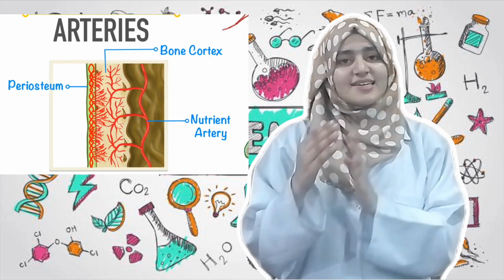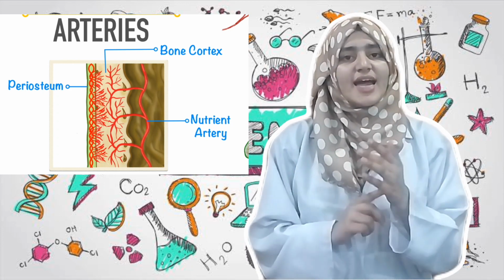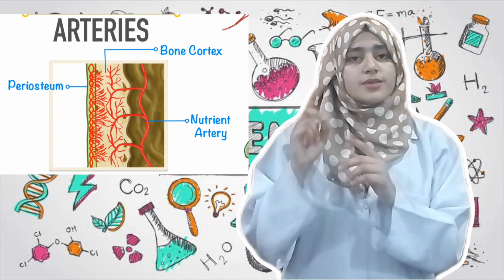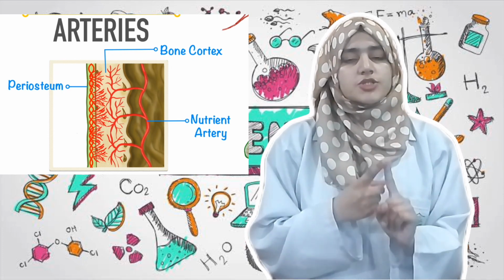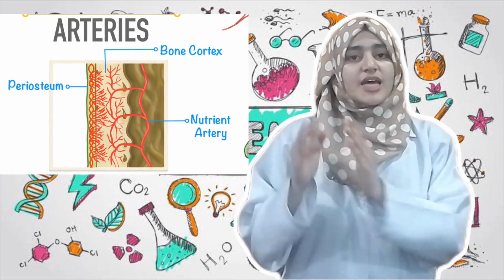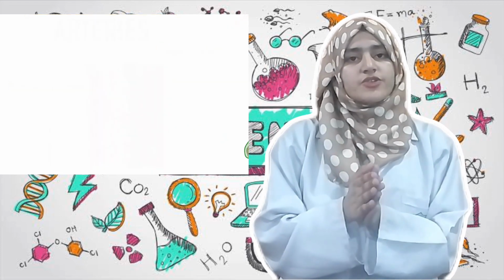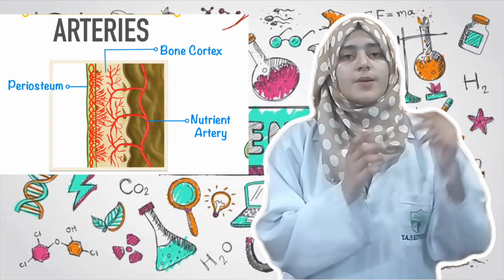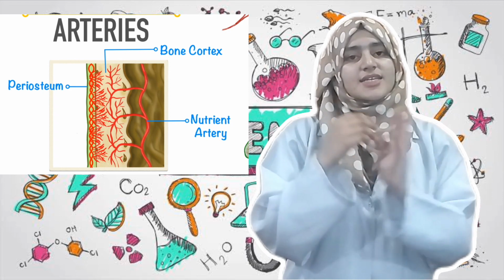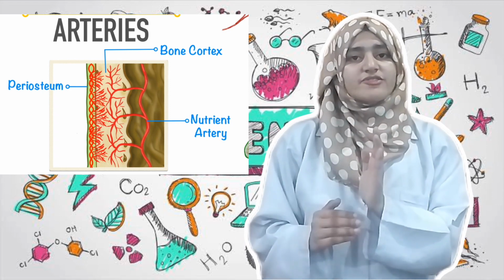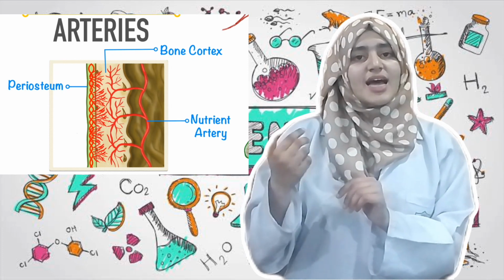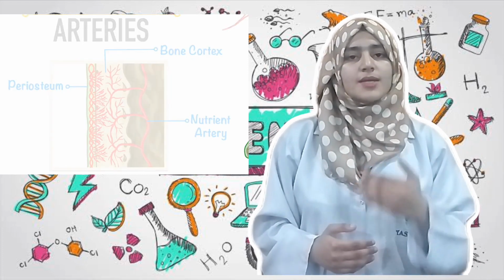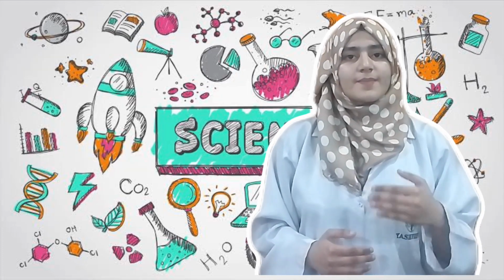The arteries enter into the bony tissues and supply blood to one part of the bony tissue of the diaphysis. One part of the bony tissue of the diaphysis receives blood from periosteal arteries and the remaining three parts receive blood from radial branches of nutrient arteries. This is how the blood is supplied to the bone.